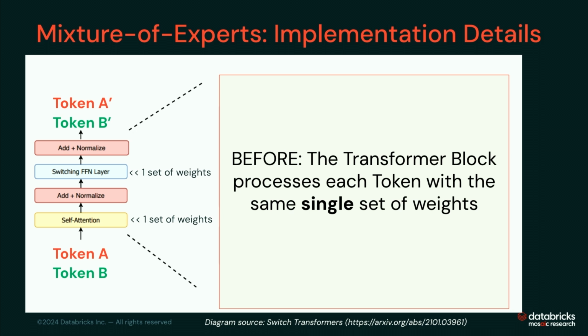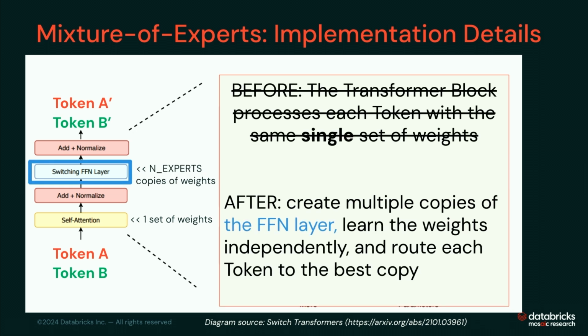And every token that goes through goes to the exact same single set of weights. That's vanilla transformers. Now what we're going to do to try and achieve this thing where we get the bigger model but only activate a part of it is we're going to replicate the FFN layer. So we're going to create multiple copies of it, and so we'll create an expert's number of copies.